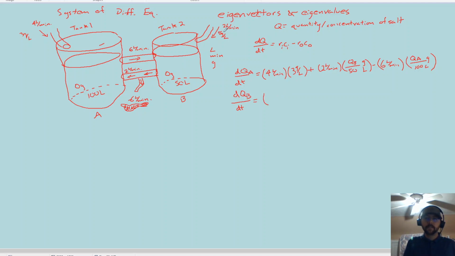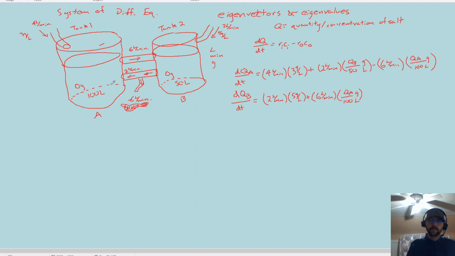So going in, we have this up here, 2 liters per minute times 5 grams per liter, plus this inbound right here, 6 liters per minute times the quantity coming in from A, which changes, so it's going to be once again Q of A divided by 100 liters.